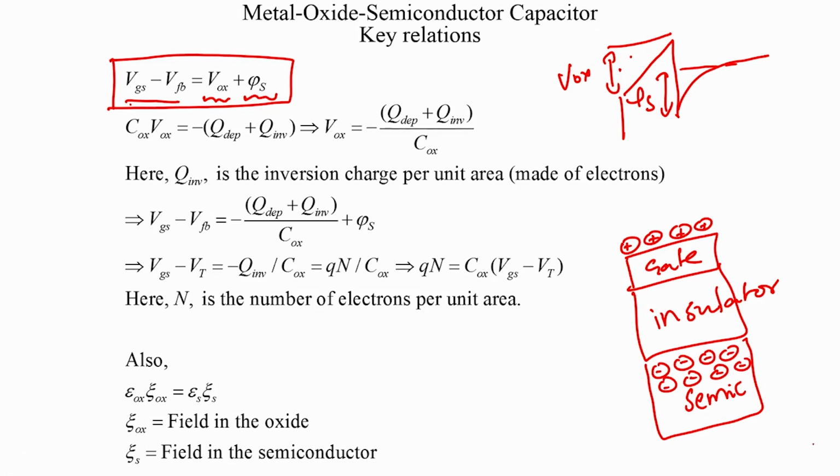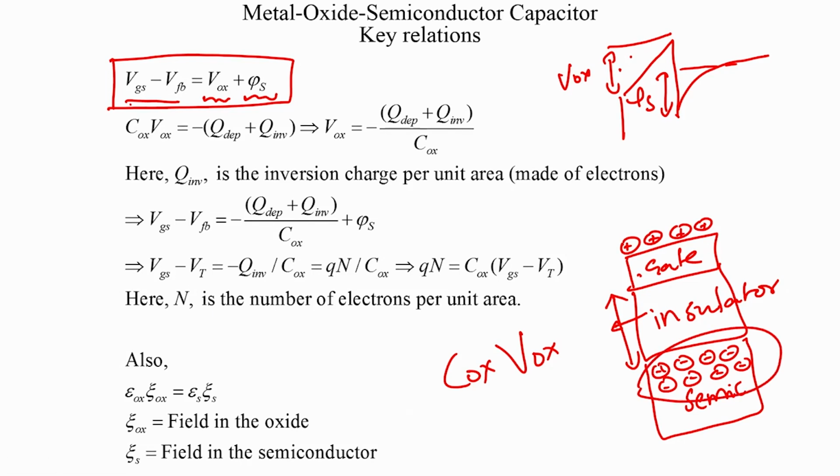If you use your conventional capacitor notations, that is Cox, the oxide capacitance per unit area, into Vox, the voltage drop across the insulator. So, Cox into Vox has to be the charge stored on the gate, and the charge stored on the gate is the charge in the semiconductor.